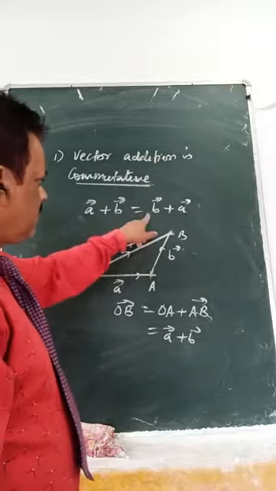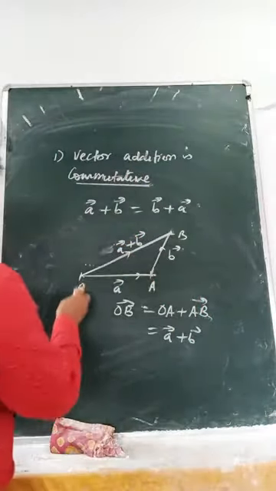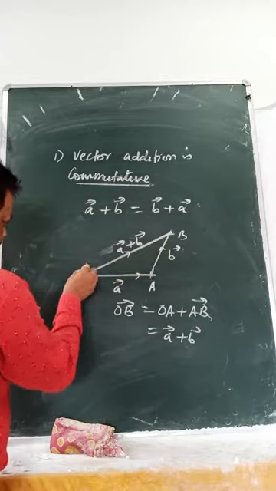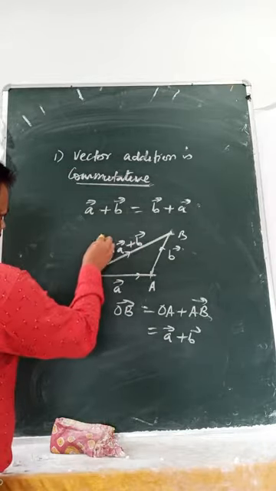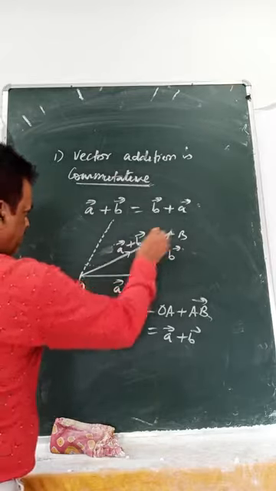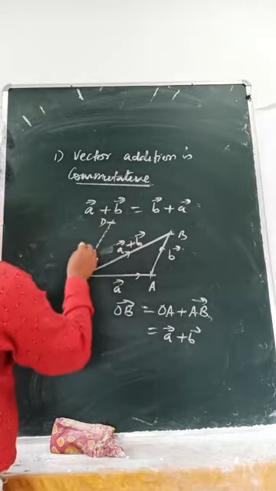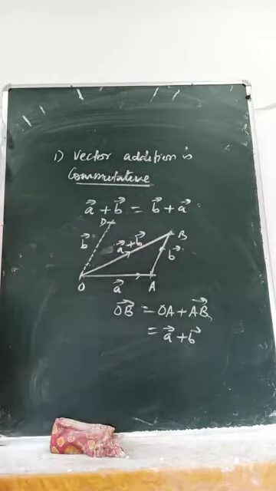How can this be equal to B plus A? For that you have to complete the parallelogram. If this is your B vector with equal magnitude, this is suppose D, this is also B vector.